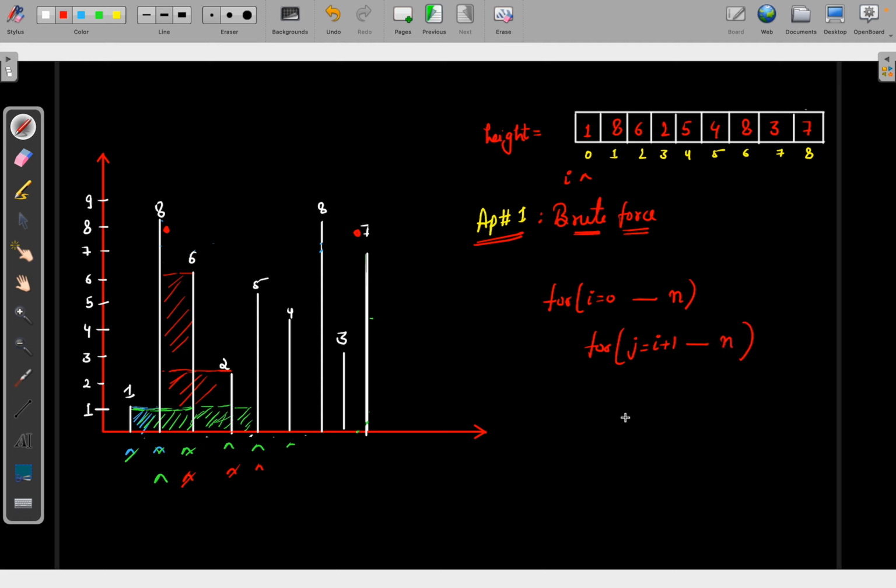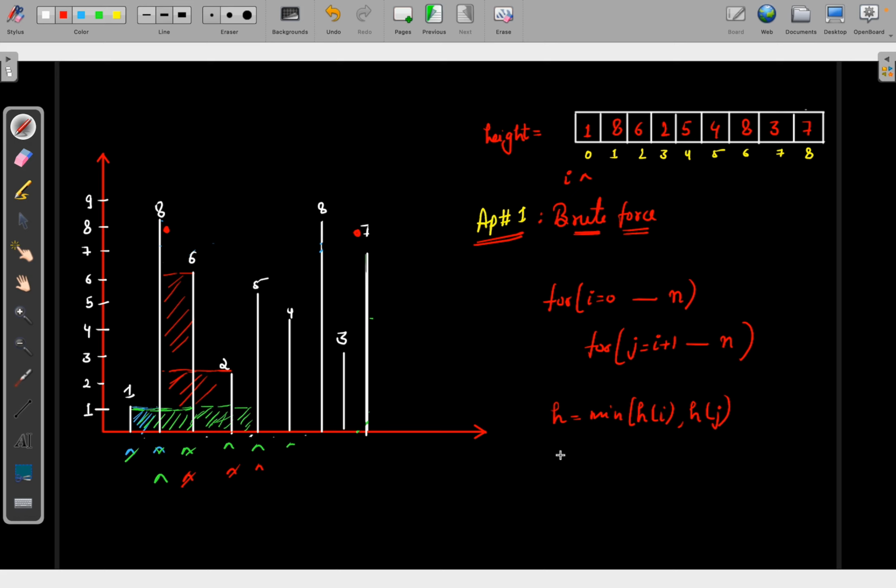Then I will take the height as the minimum of h of i and h of j. I will get the height of the water.